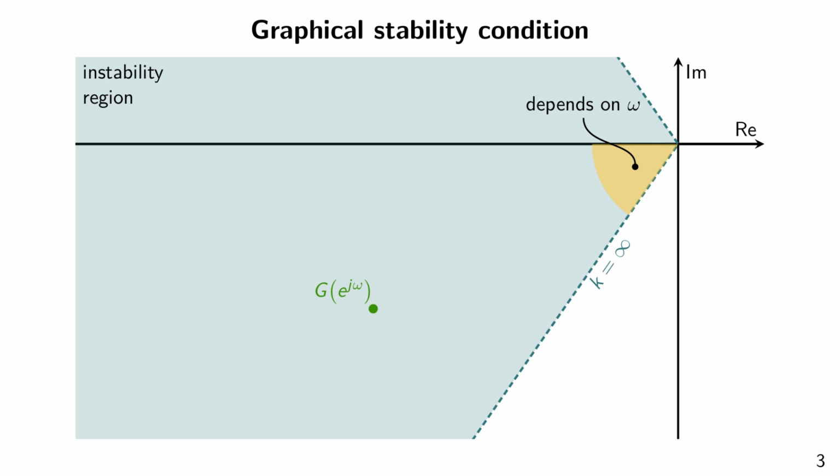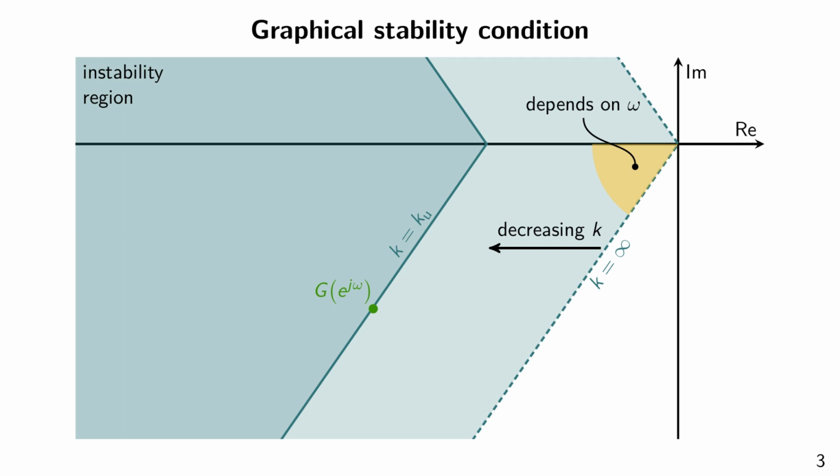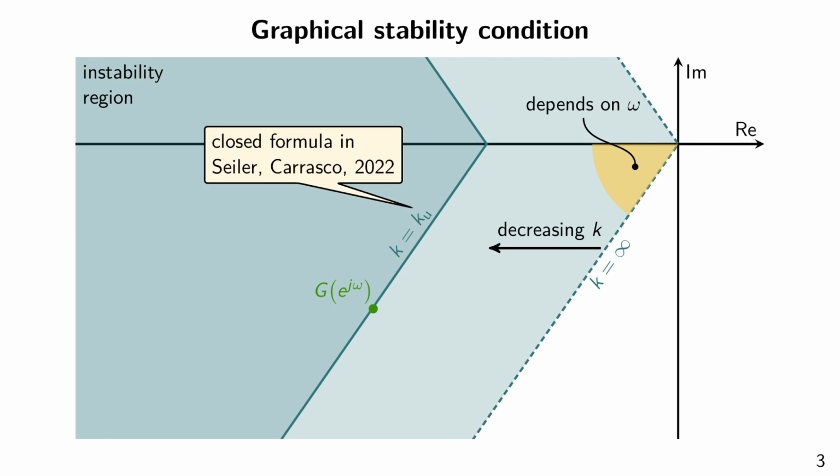It is proven in the paper that decreasing k moves the boundary to the left. The minimal upper bound ku is found when the boundary passes through the frequency response of the system. Then, we know for sure that there is a slope-restricted nonlinearity in the interval [0,ku] with which the Lurye system goes into a limit cycle.